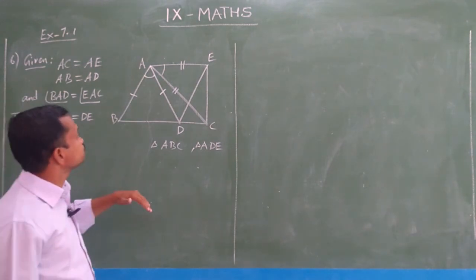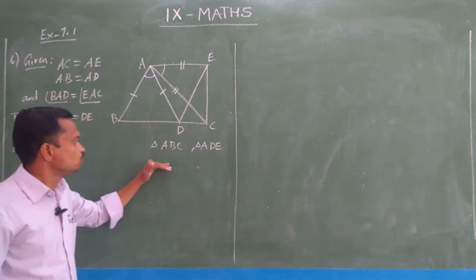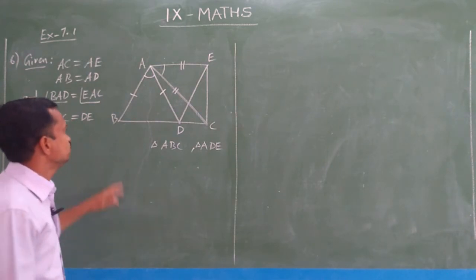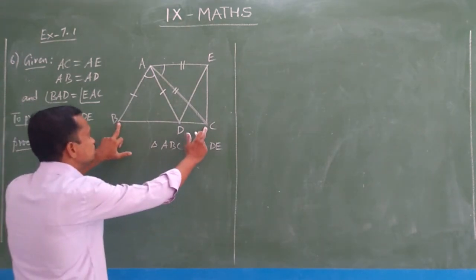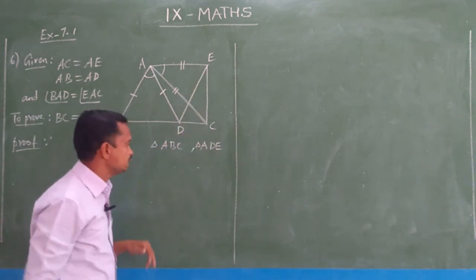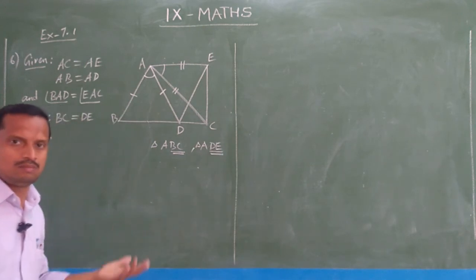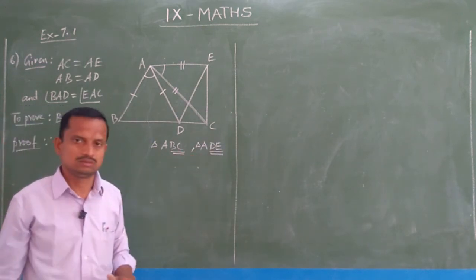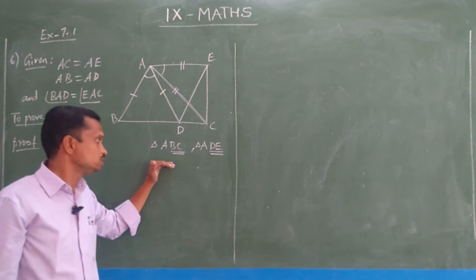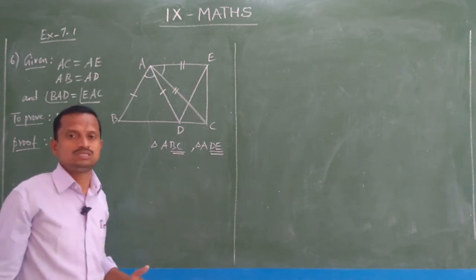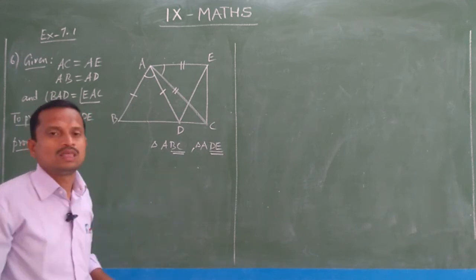So after that, if you prove these two triangles are congruent, then by CPCT BC is equal to DE. Am I right? So BC and DE is a pair of sides in these two triangles. BC is a side of ABC and DE is a side of triangle ADE. So by CPCT we can tell these two sides are equal.